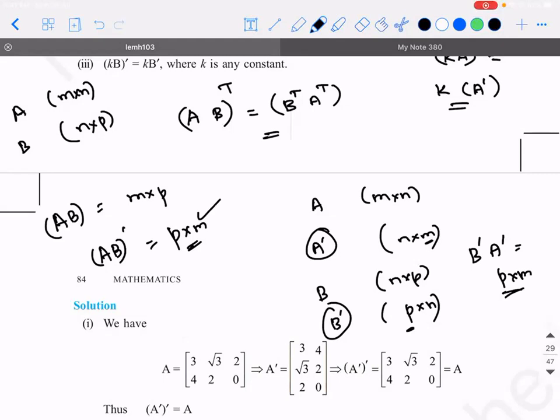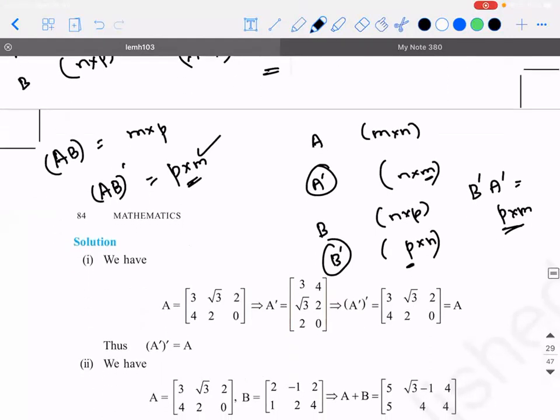I tried to explain with the help of order, but if you take an example and see, you will get the same thing. Now you guys are able to understand why in the case of transpose they are in the reverse direction. I'm sure you would have applied it already. If you already know the logic, it is well and good. But is it clear?